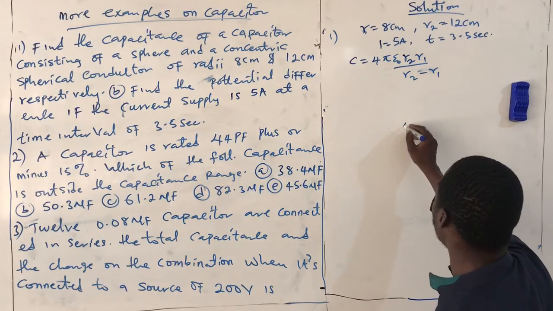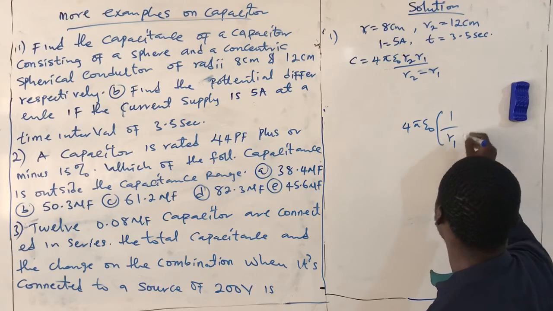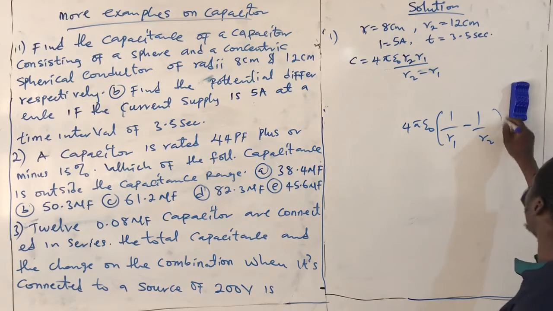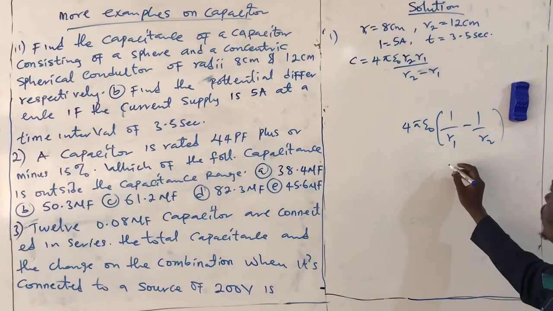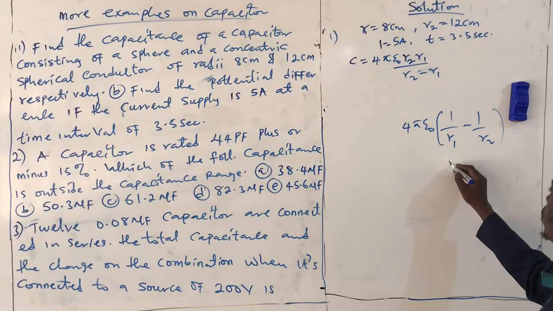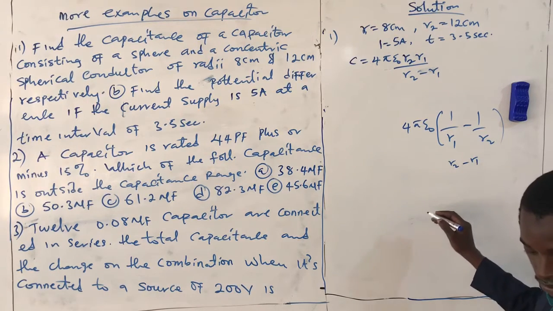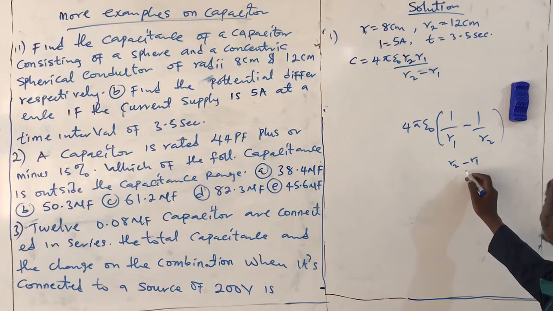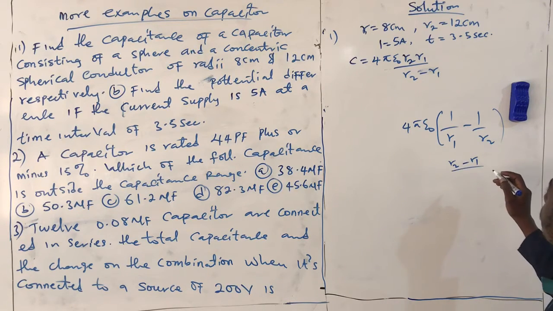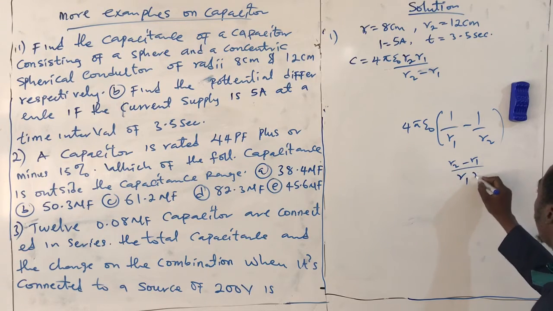From here we have something like this when we calculate it: 1 over R1 minus 1 over R2. By the time we take the LCM, we have R2 minus R1 over R1 R2.